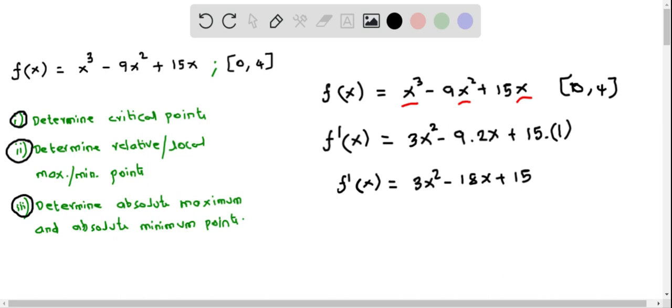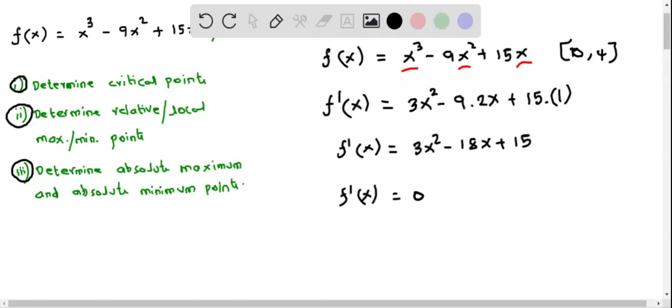Now we have to set this equal to 0 and find the x values. Those values of x are the critical points. So let's do that. We set f prime of x equals 0. This becomes 0 equals 3x squared minus 18x plus 15.